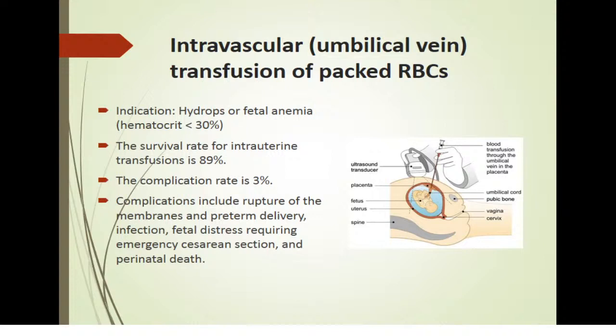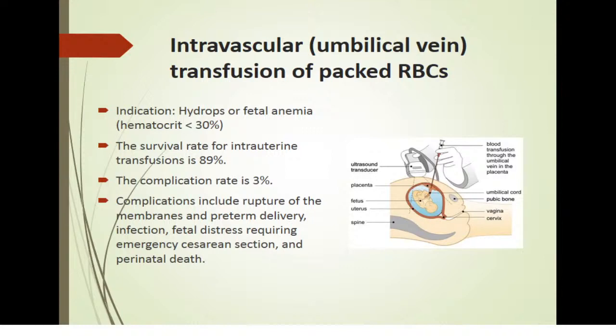Hydrops of fetal anemia, hematocrit less than 30%, is the indication for umbilical vein transfusion in an infant with pulmonary immaturity. The survival rate for intrauterine transfusion is 89%. The complication rate is 3%.